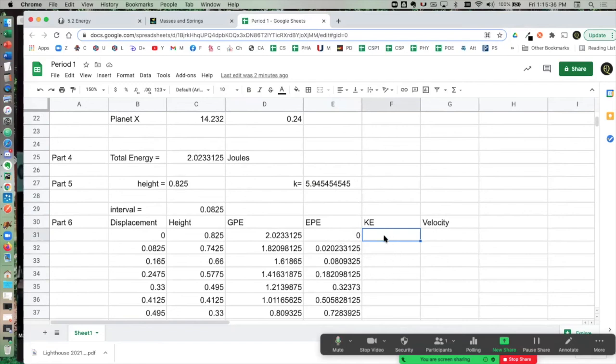So here we go. Equals. Ready? Does everybody have an equal sign entered? Awesome. Now I'm going to come up here and I'm going to click the total energy in part 4. Dollar sign that thing. Yes. Dollar sign that thing.